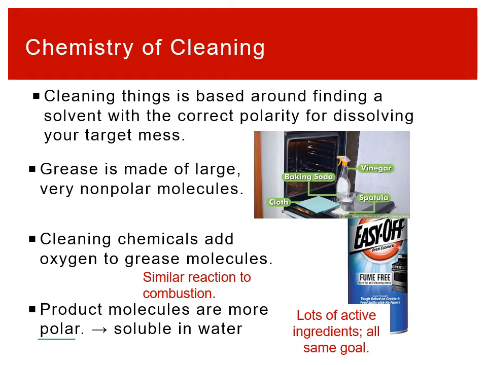You're going to oxidize those grease molecules. Those grease molecules become new molecules that are more polar, that have been broken up into smaller polar molecules that are more soluble in water, and then you can wipe them out. You can find a lot of different types of cleaners that are all doing the same thing. It's the same mechanism, and they all have the same end goal.